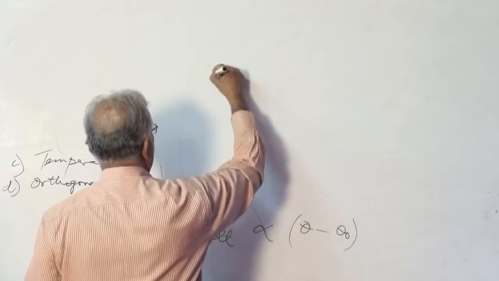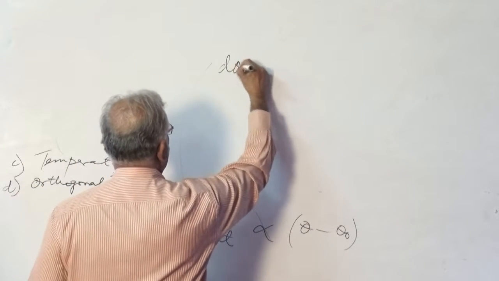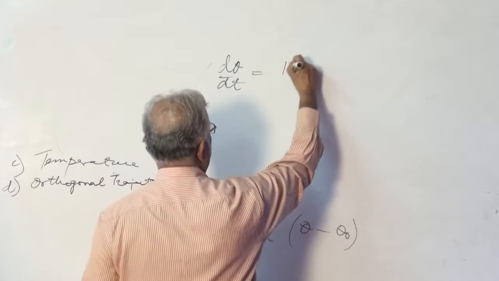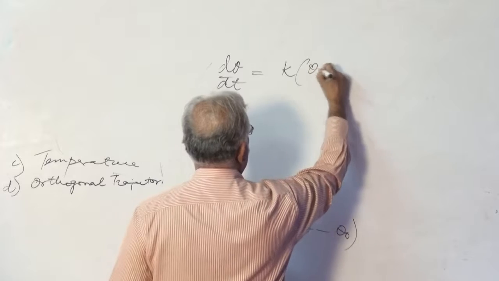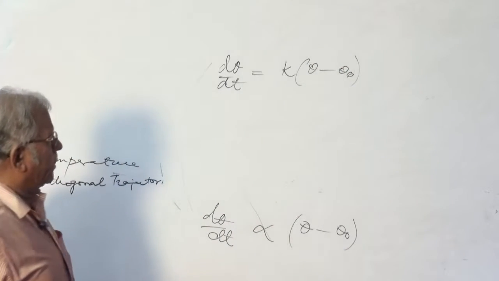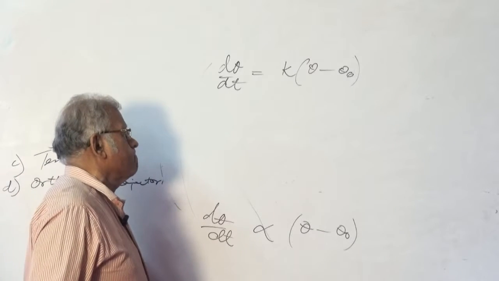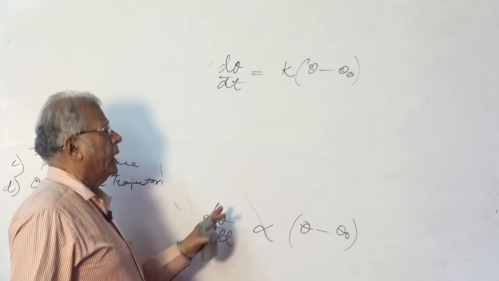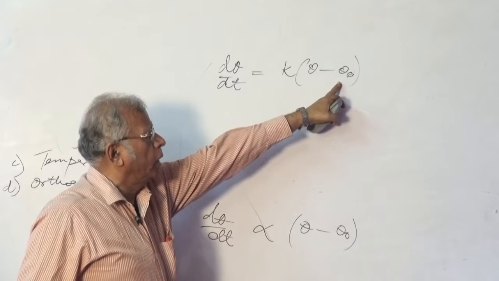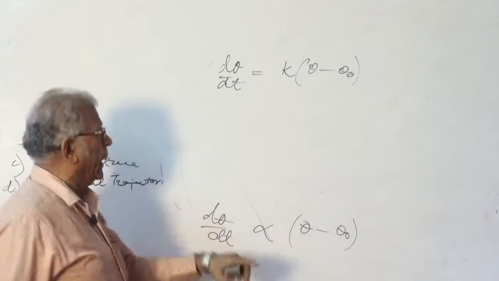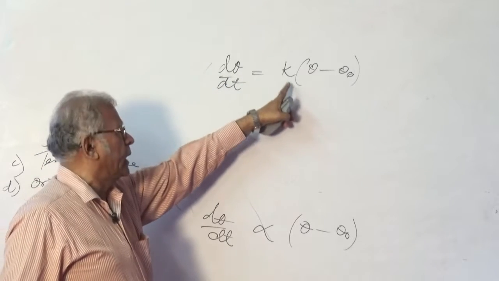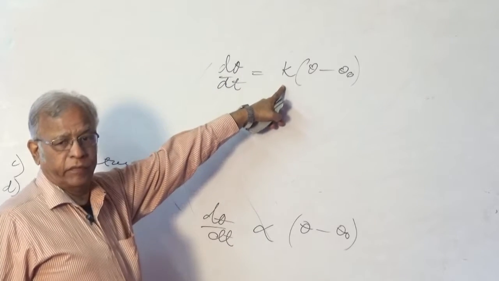This can be written as d theta dt is k into theta minus theta naught. I think it's a very simple matter to appreciate that because theta is higher than theta naught, and we are talking about cooling, the rate must be negative, and hence this particular k has to be negative.